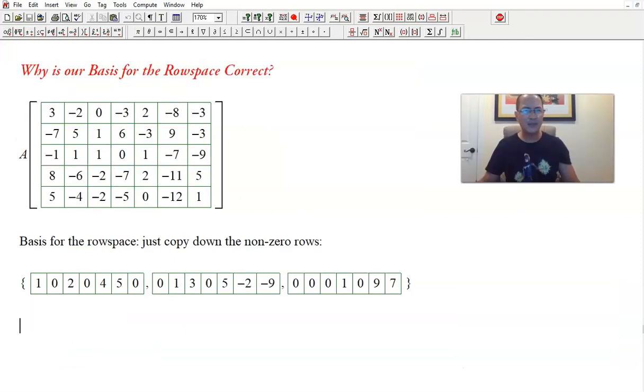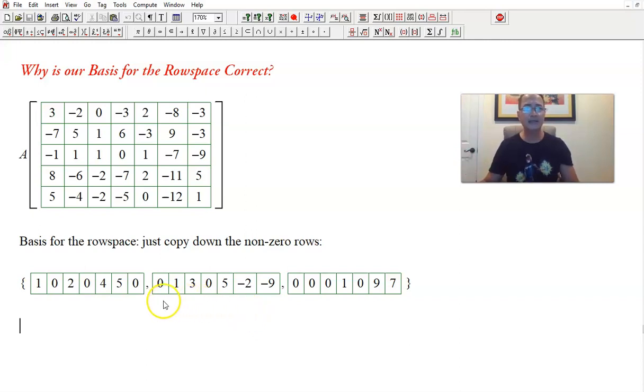All right, I owe you a little apology. In my excitement to get to the column space, I forgot to do something for you with regards to the row space. So for the row space, we said all you have to do is copy the non-zero rows in your REF. And we said in the theorem, now why is it that we get a linearly independent set?